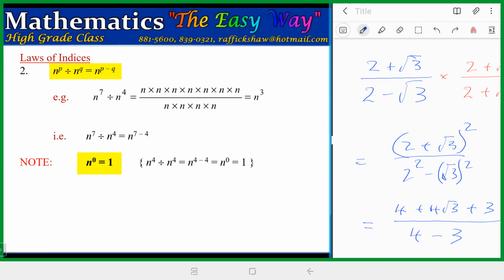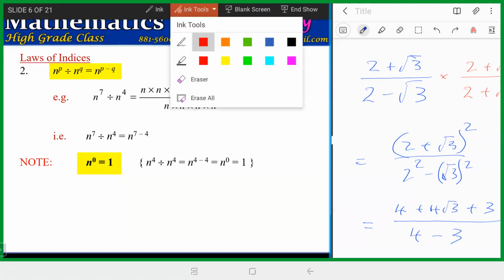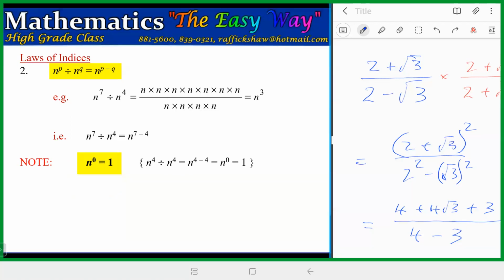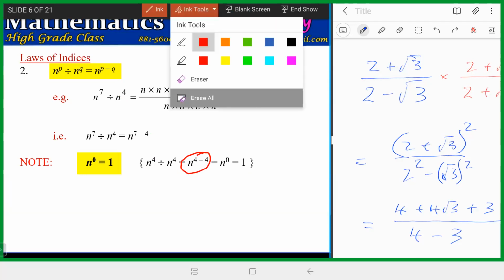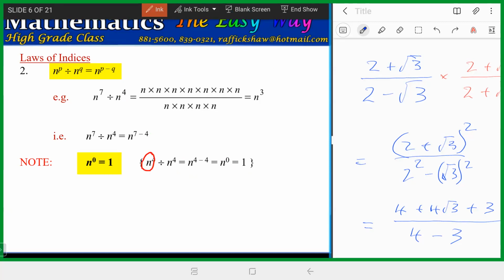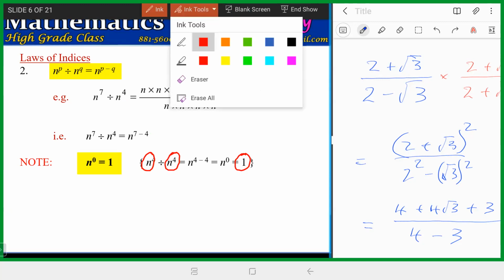If you have n to the fourth power divided by n to the fourth power, this law says you subtract the powers, so it becomes n to the 4 minus 4, which is n to the 0. We all know that n to the 4 divided by itself equals 1. That kind of proves it, right?